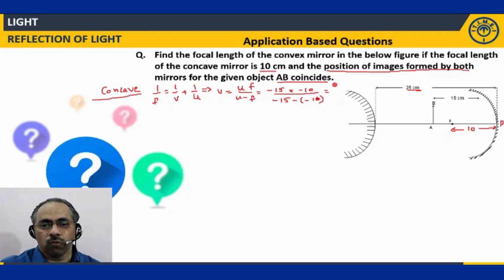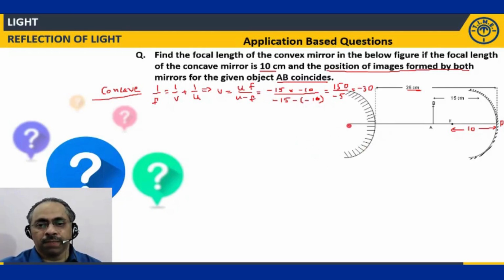So it is 150 divided by minus 5, which is minus 30. That means from the pole, the image due to the concave mirror is formed at a distance of 30 centimeter on the same side as the object, and it is inverted, real and magnified.